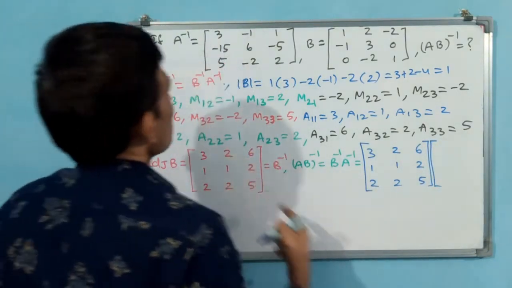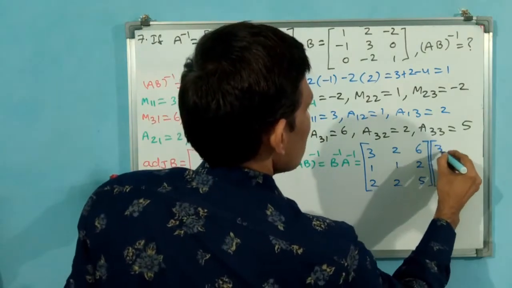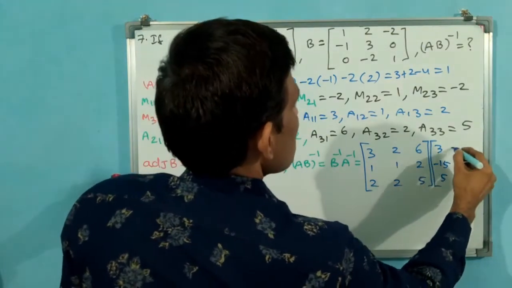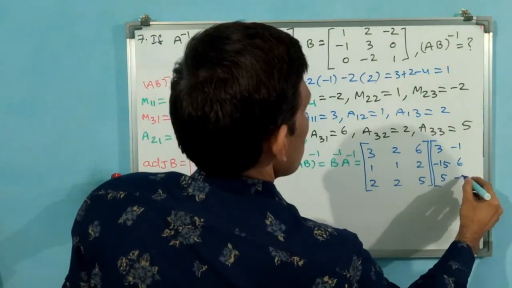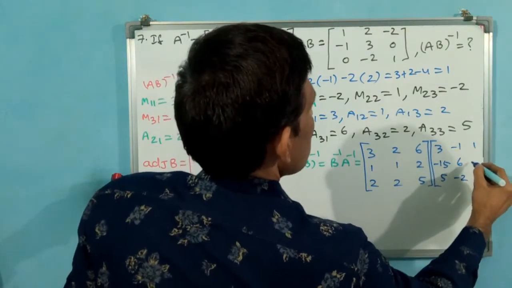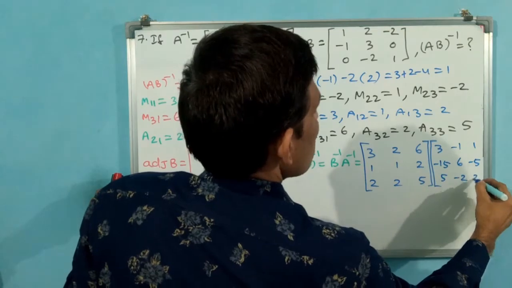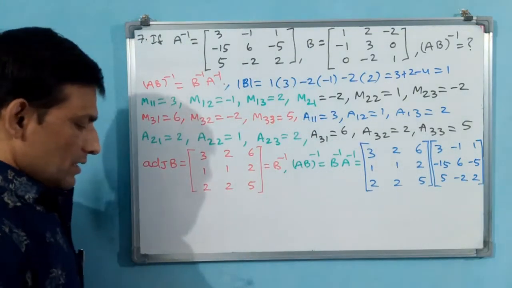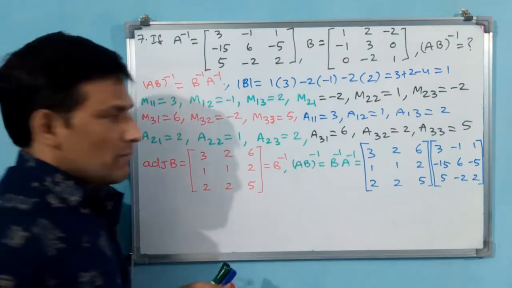A inverse already they have given. 3 minus 1, 5 5, minus 1 6 minus 2, 1 minus 5 2. Okay. I'm putting some arrows.